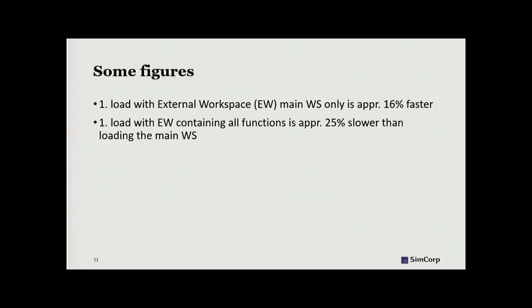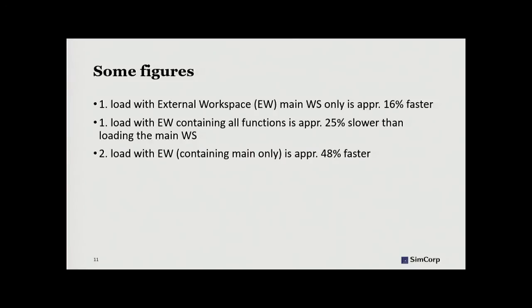It is actually faster. If we only stick to the main workspace, it loads 15 or 16% faster. If we keep all the functions in one external file, it is 25% slower than the old main workspace. Of course, it's apples and bananas, but this is the price we should pay to have all functions in one external workspace.